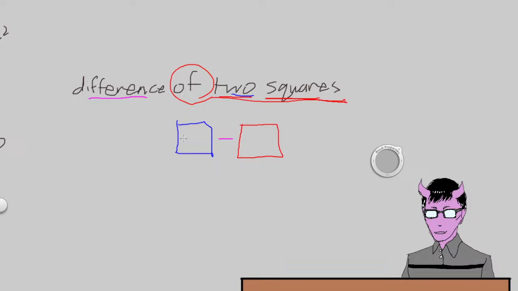For a square, as an example, you can get something like 25x squared, and the second square could be something like 9. So learn to recognize the situation. It's kind of a niche situation. It does crop up quite... well, actually, let me retract that. I wouldn't say it's a niche situation, but there are a lot of differences of two squares embedded throughout different problems.